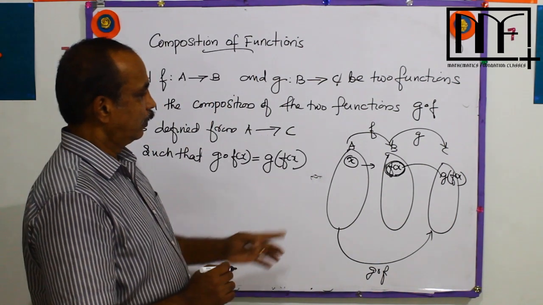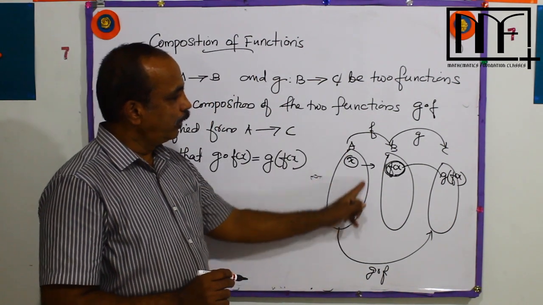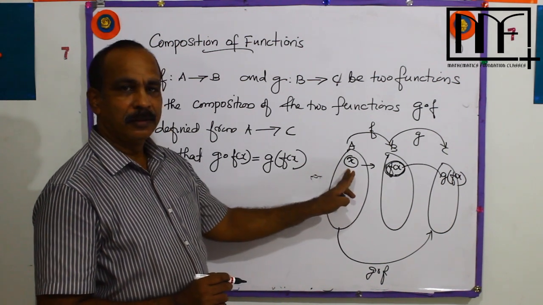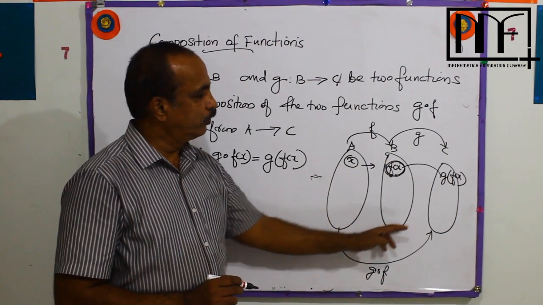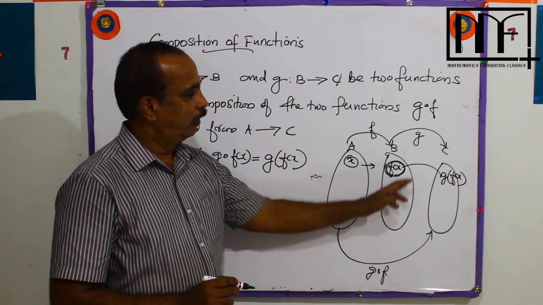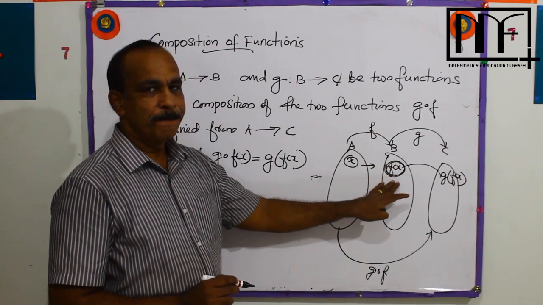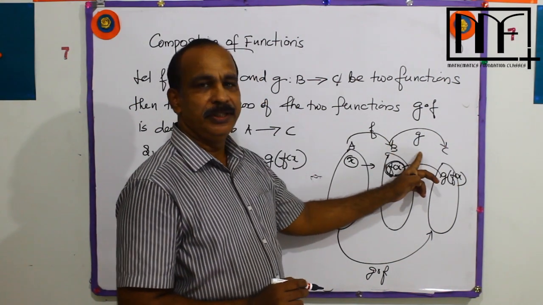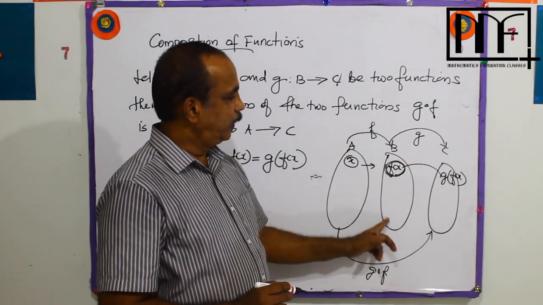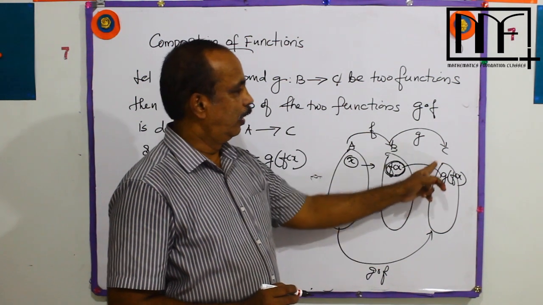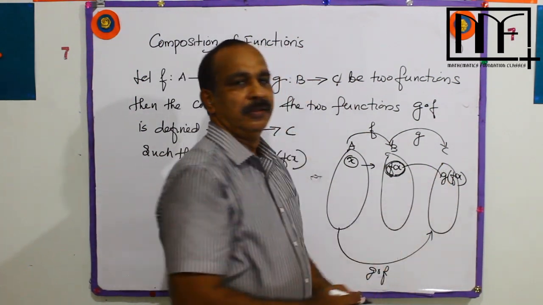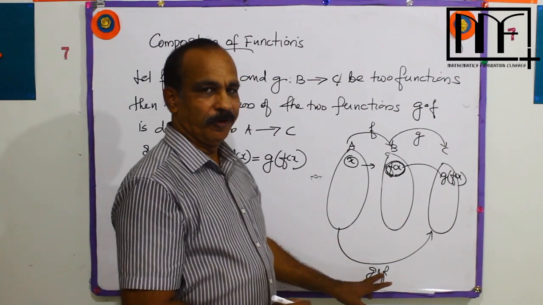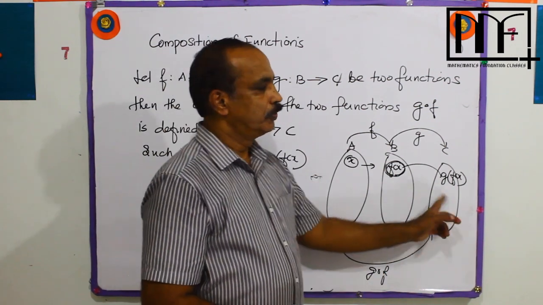So here the domain of the function f is the set A and the range of the function f is set B. But in the case of the function g, B is the domain set and C the range, so the function g of f is from A to C.